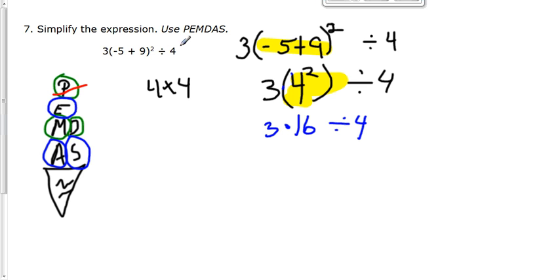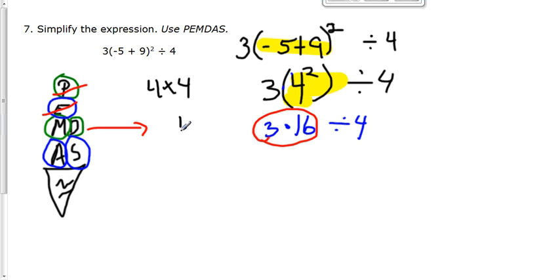So going back to my order of operations, I'm done with my exponents. All I have is multiply and divide. It's whatever comes first from left to right. So I'm going to do this part first, my 3 times 16.